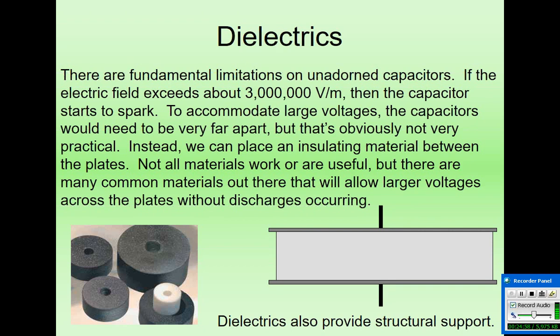There's a limit, and that limit, if I have just air or vacuum in between the plates, is 3 million volts per meter. If the electric field exceeds 3 million volts per meter, then we're going to start getting sparking effects. Charges are trying to move from one plate to the other plate, and that defeats the purpose of the capacitor.